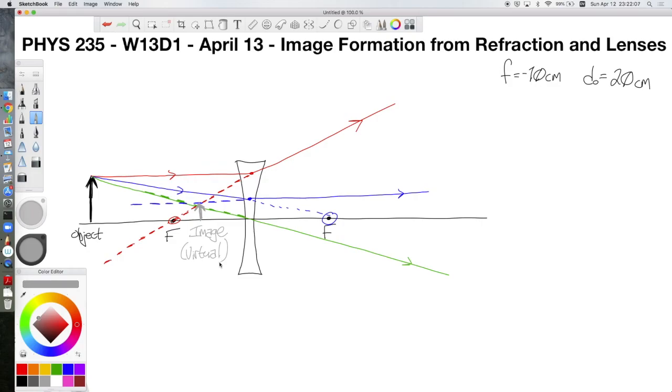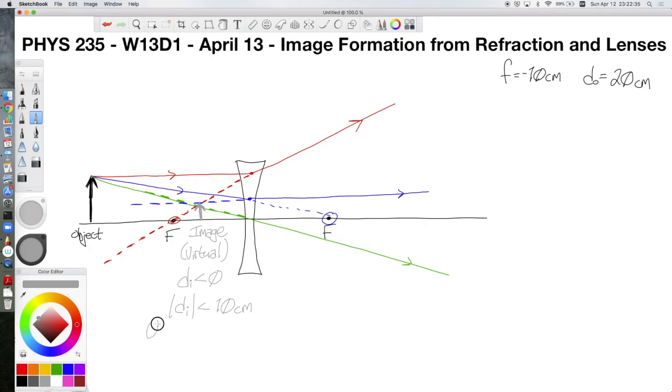So, real quick, some things we expect from this image. The image is virtual. So this means we're expecting an image distance that is negative. The image is closer to the lens than the focal point, which means we expect the magnitude of our image distance to be less than the 10 centimeters that is the magnitude of the focal point.